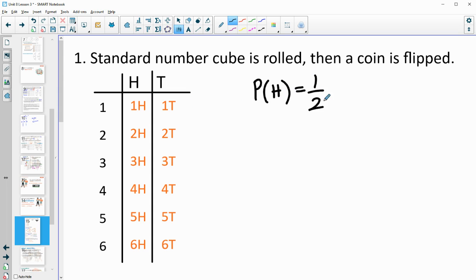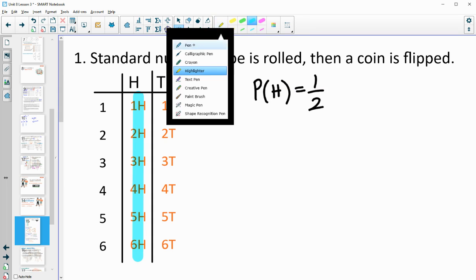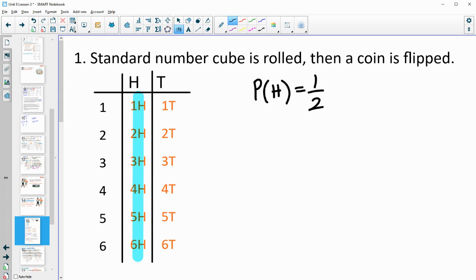So you could maybe notice that your heads are in this first column. That's exactly one out of every 2 options, or 6 out of 12. So if you're using this sample space to explain your probability, it's that you see the heads happening half of the time. Okay, so I just simplified it right away.